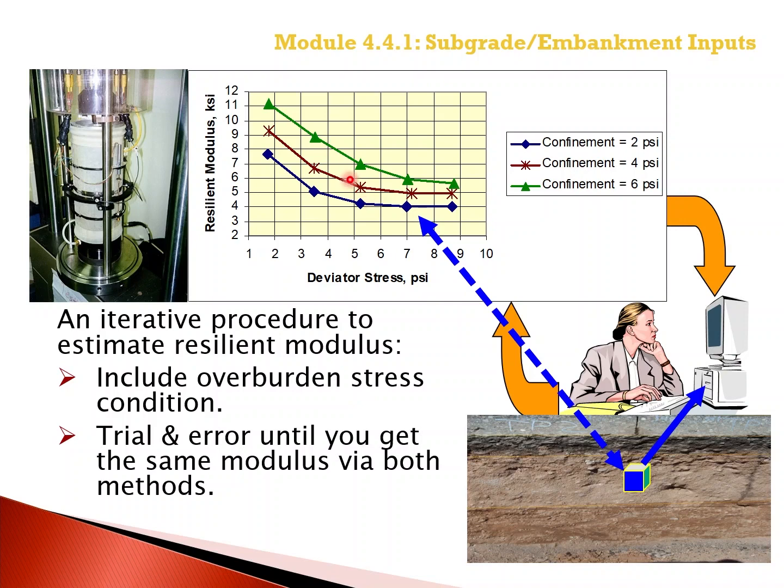If it's not, then a revised resilient modulus value is used to recalculate the stresses and strains in the element of soil under a wheel load and at-rest conditions, and then that revised deviator or bulk stress is used in the in-place condition and compared to the resilient modulus from the laboratory.